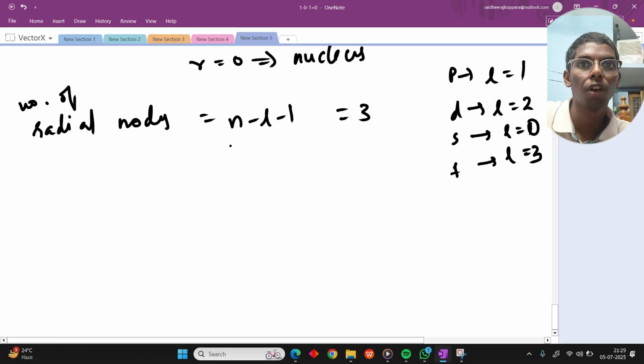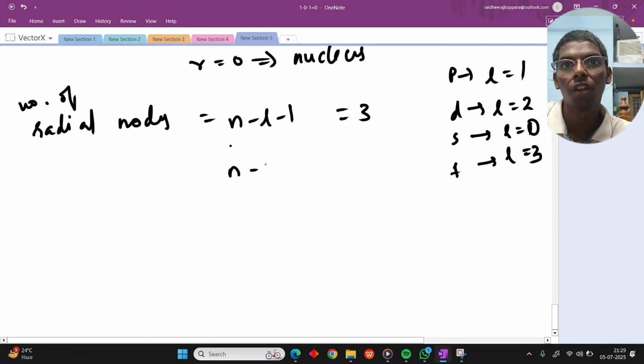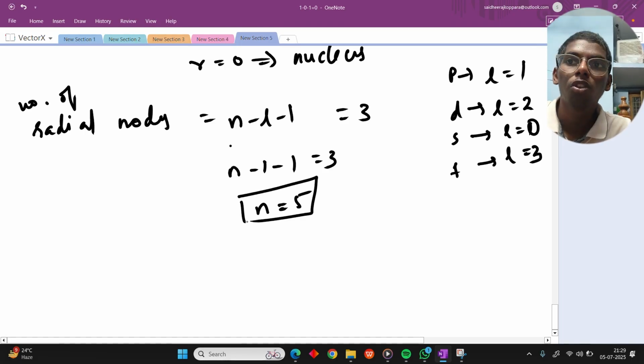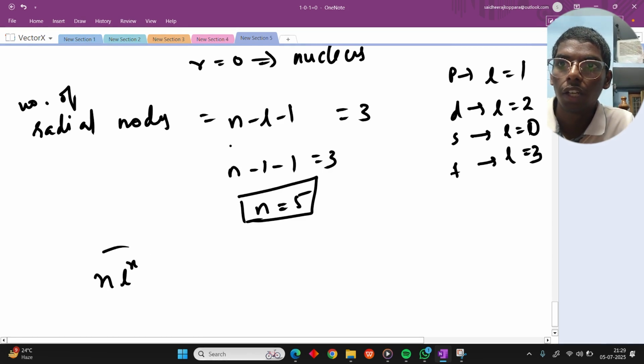We spoke about this earlier, that the l value equals 2 for d, for s it's l equals 0, for p l equals 1, and for f the l value is 3. So here we got to know that our orbital is p, pz is the subshell. So n minus l minus 1 is your 3, and you get n equals 5.